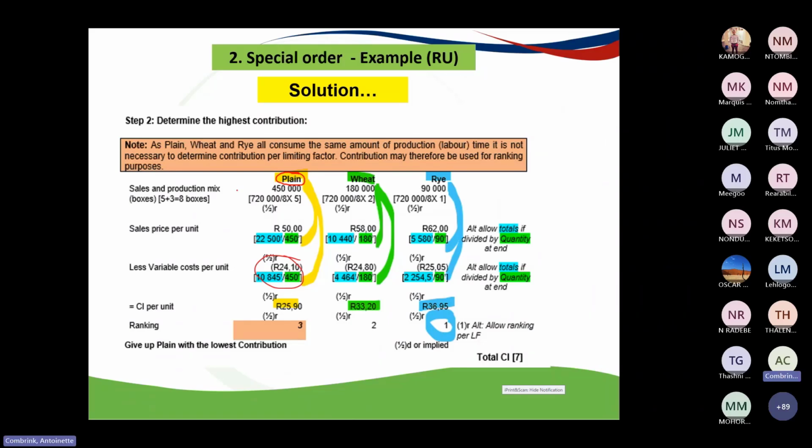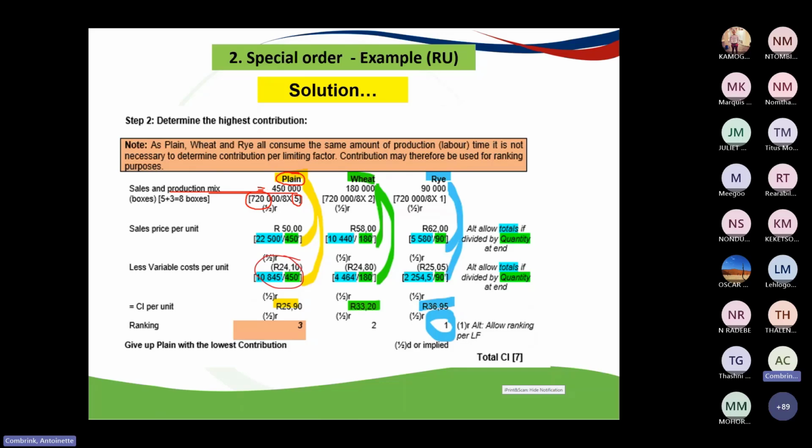Okay. So first step that we need to do is, we know that we normally produce 720,000 units. We know there are 8 boxes of pizzas, and we know that plain, in terms of the mix, takes up 5. And that's how we know that we are expecting to sell and produce 450,000 of plain. Okay.